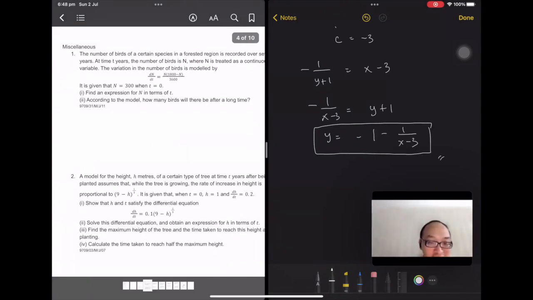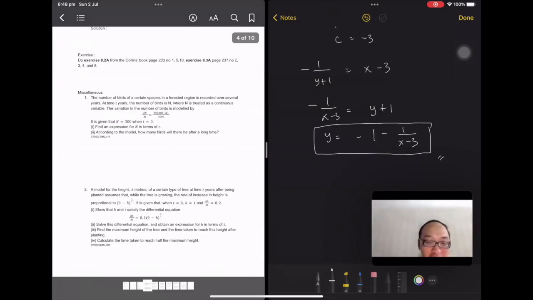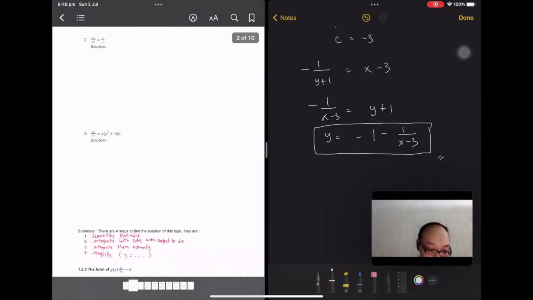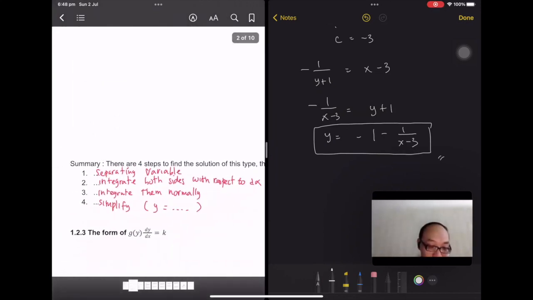So that's all for this topic about differential equations. The summary that we can take here is this. There are 4 steps in solving differential equations. First, we separate the variables, putting y on the left side and x on the right side.